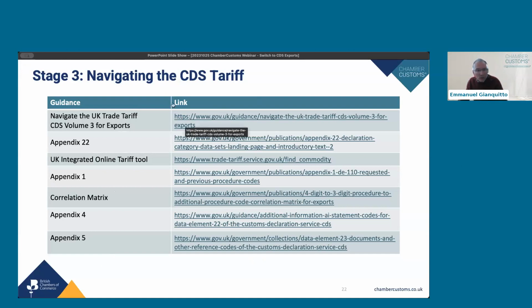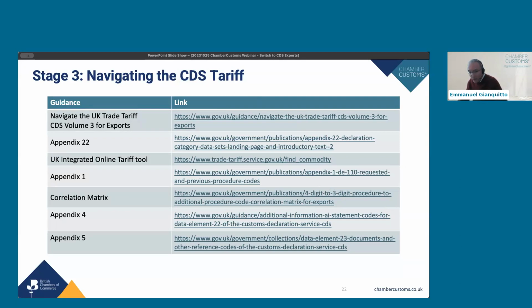So for some of this, there is a correlation matrix for export. I think we just had a question of, is there a new CPC code for 10.00098?